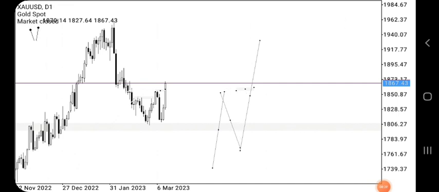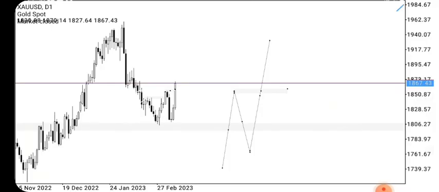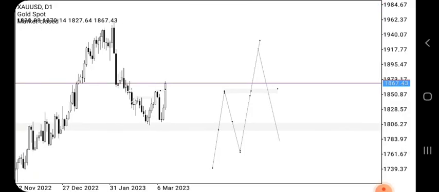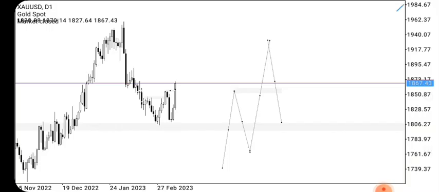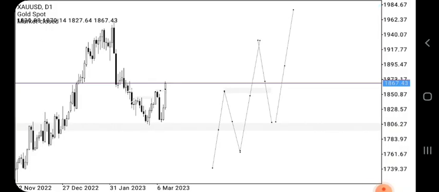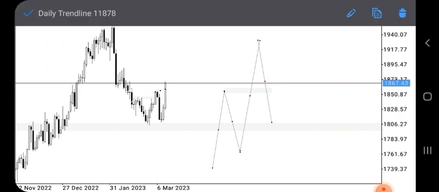Which means we can see that on gold, we're expecting a pullback because the market just broke the structure. So on this point, we are expecting a pullback, right? I hope that makes sense, guys. You can see on this point, we're expecting a pullback, then a continuation. This is what I'm expecting on gold.